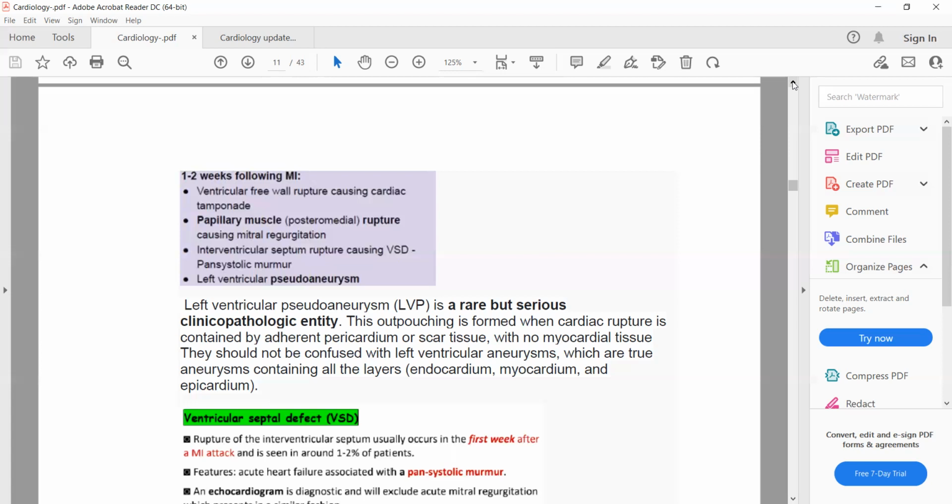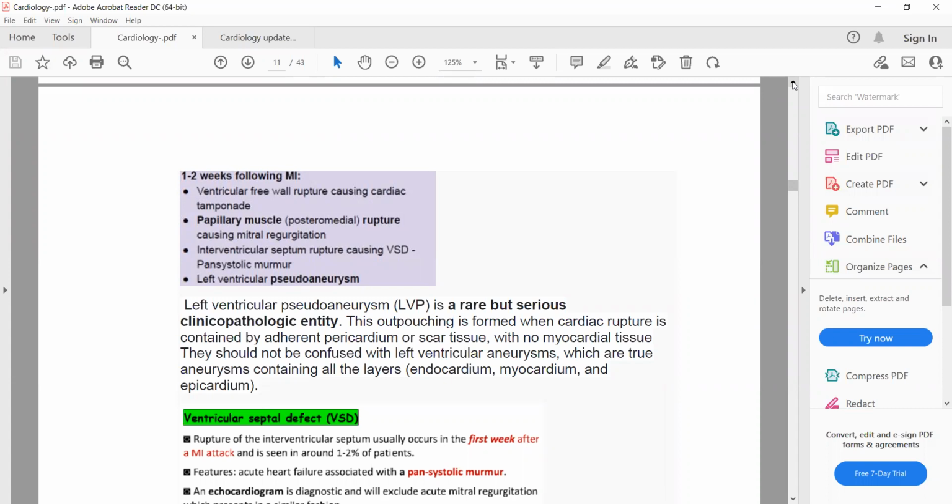And also, rupture of the ventricular wall can lead to left ventricular pseudoaneurysm, not a true aneurysm. An aneurysm is basically an outpouching of the cardiac muscles or cardiac wall.